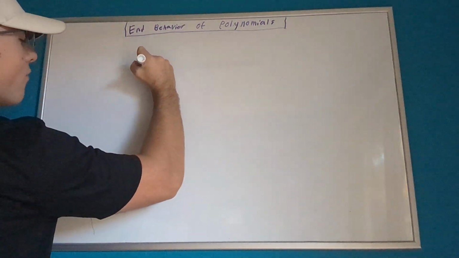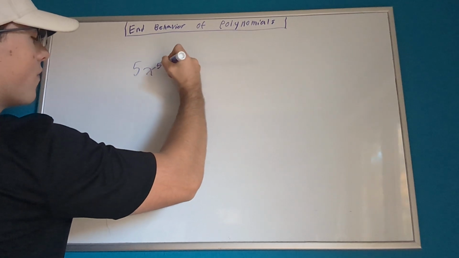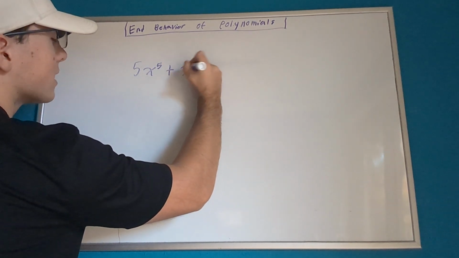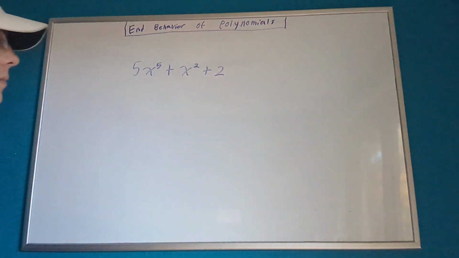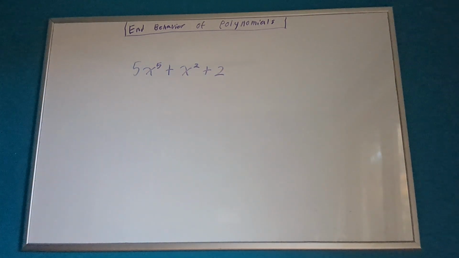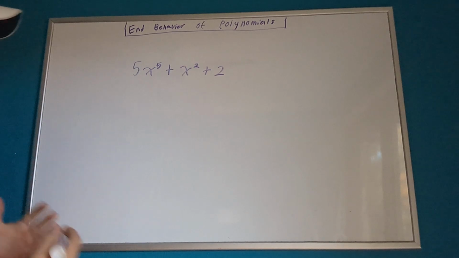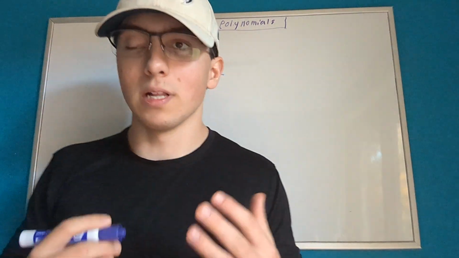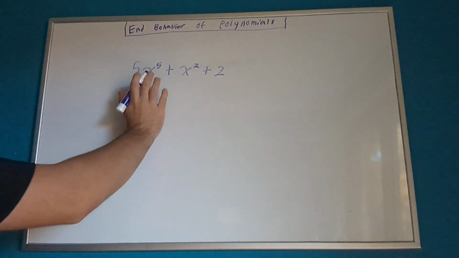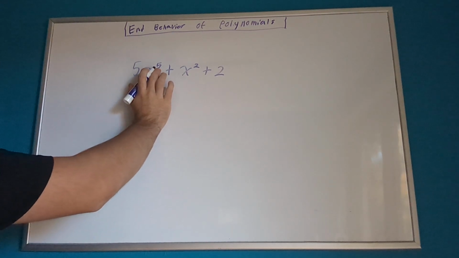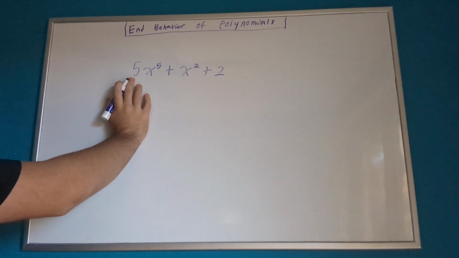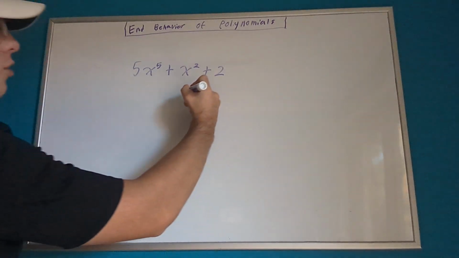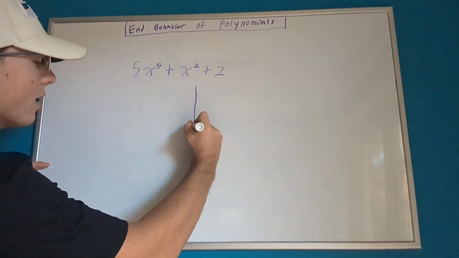Okay, so now let's use that rule to determine the end behavior of a few polynomials. Let's say we have 5x^5 + x^2 + 2. What is the end behavior of this polynomial as x approaches positive infinity? Well, let's use that rule. We have an odd power and a positive coefficient, so our graph will look something like this.